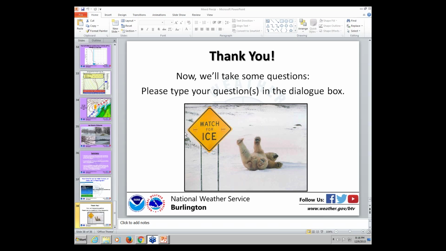Yeah, it's kind of a complicated web link, but they do have several kinds of model guidance output that's available. If you just type into Google NCEP models, you'll find a link that will direct you to where you could find those models publicly available online. And NCEP is the National Center for Environmental Prediction.